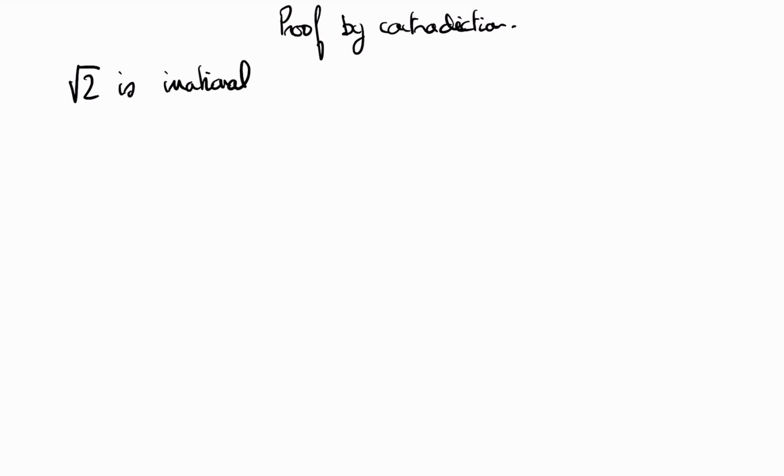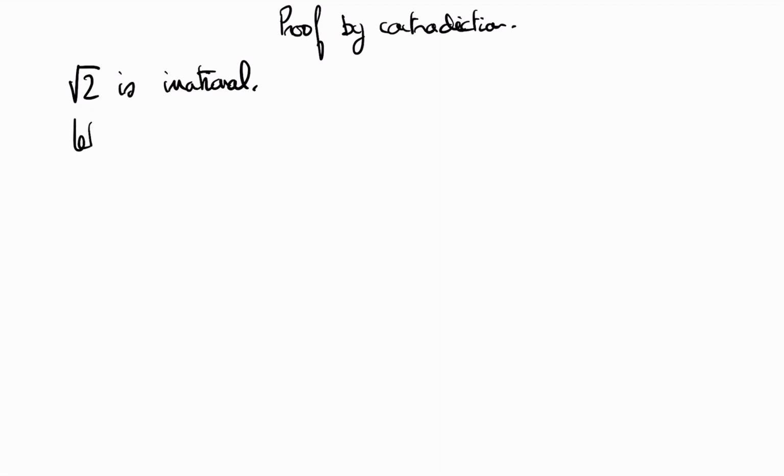Right. Proof by contradiction. Now, the traditional example is proving that root 2 is irrational. Now, to do that, we assume the opposite.